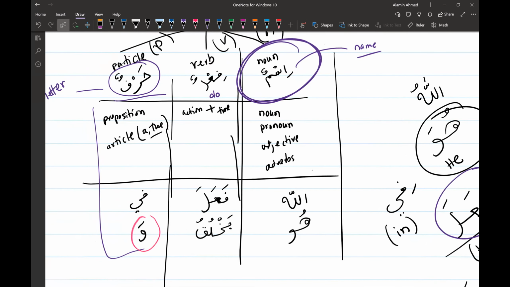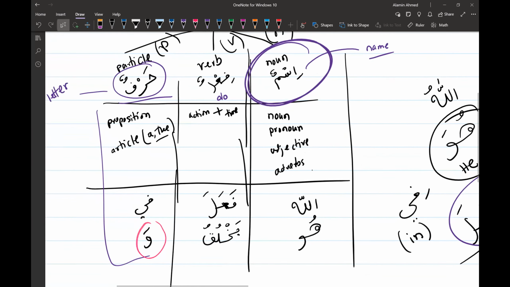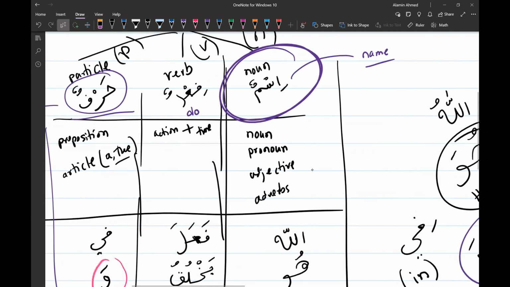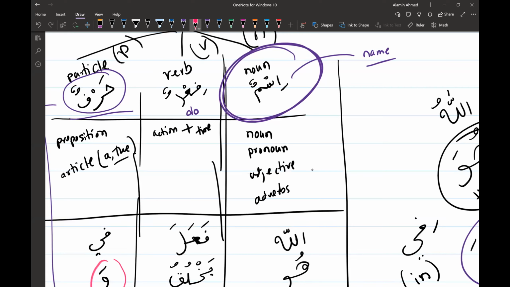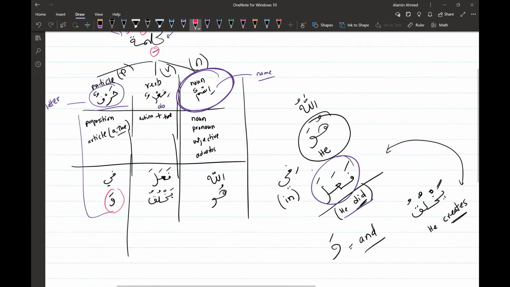But the harf cannot. You cannot just throw out a harf and expect people to understand. It has no value. Harf is only used with the ismun or the fi'lun. So this is one key point, and that's why we don't study harf by itself. We study the ism and fi'l, and the harf will come along with those topics.